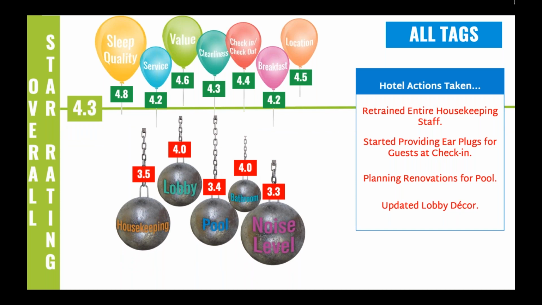Without having this information and knowing what is truly keeping guests from having a 5-star experience at the property, hoteliers are just spending their time, energy, and money in the dark, hoping they get lucky, fixing something that might not be as big of a factor or weight as they think.